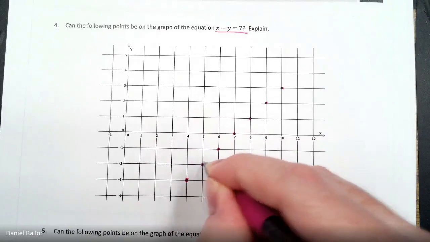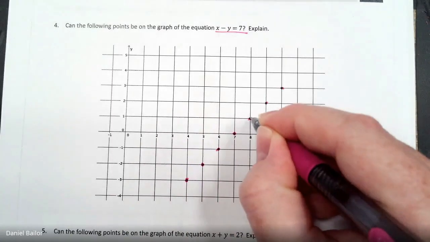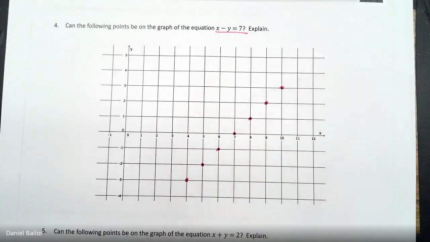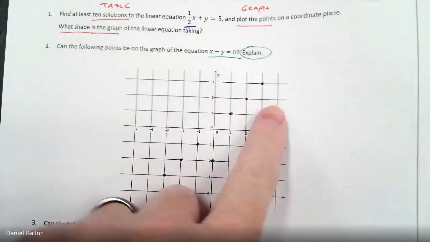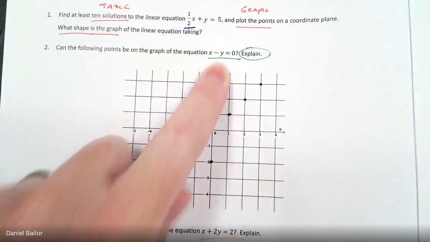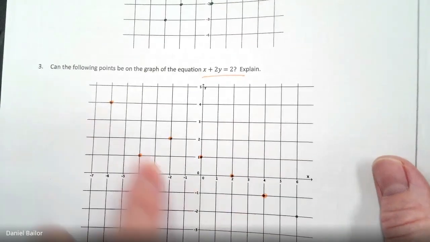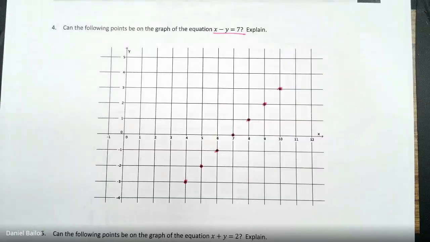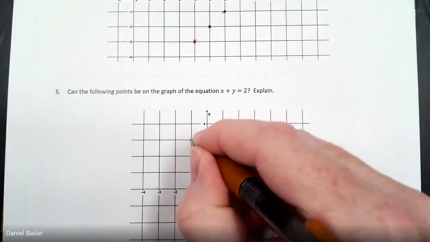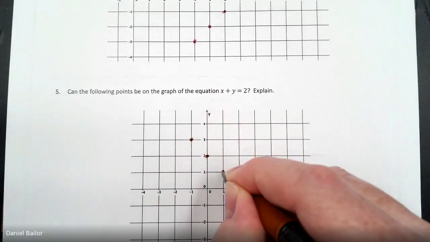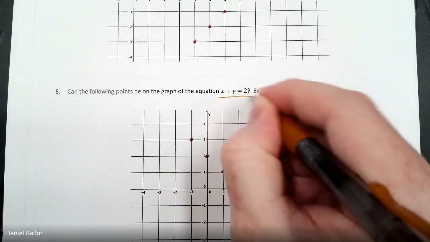So it's asking you a lot. Does the graph match the equation? So for number 2, does the graph match the equation? For number 3, does the graph match the equation? For number 4, does the graph match the equation? And for number 5, does the graph match the equation?